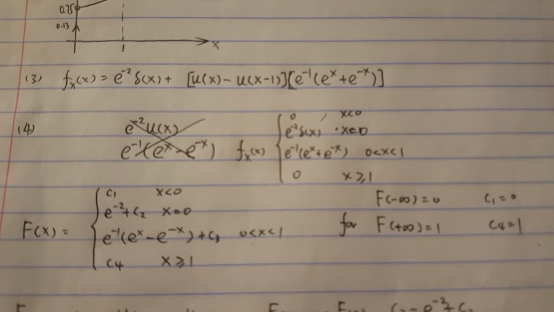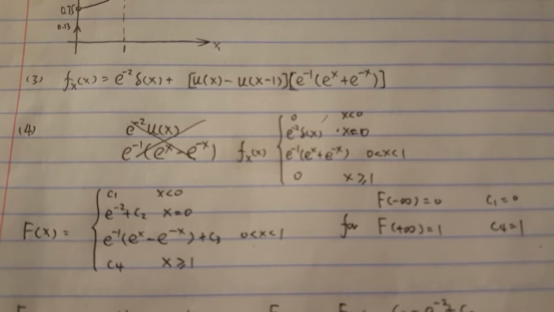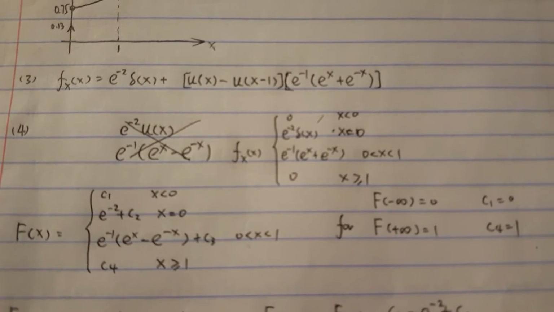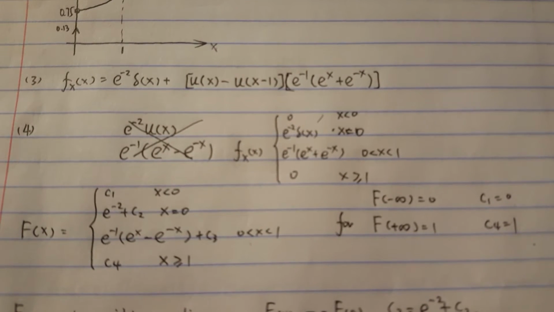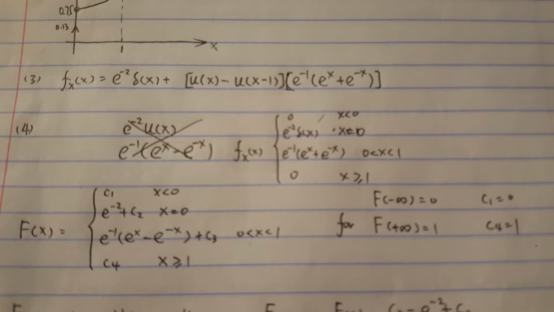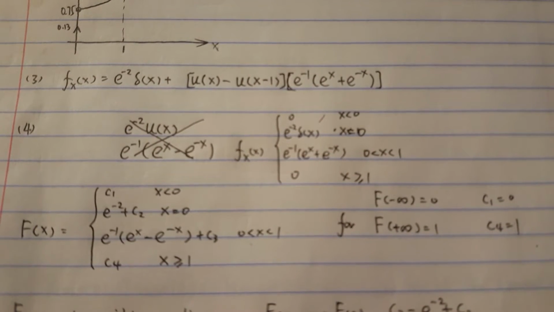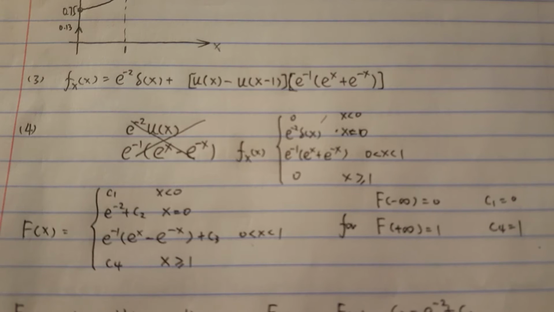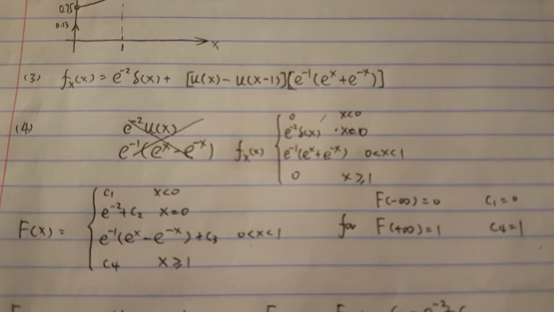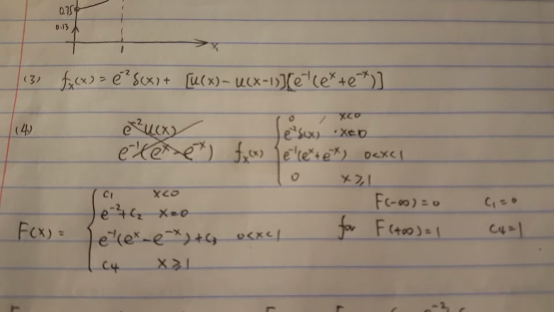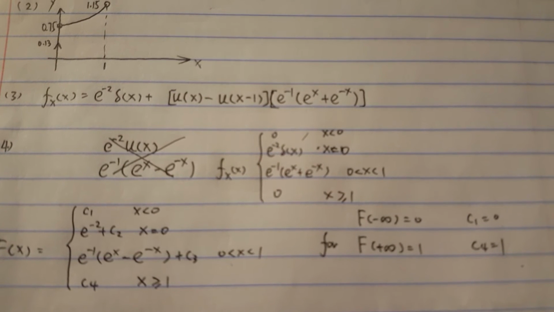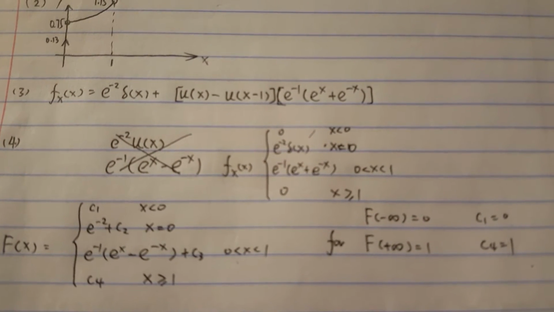So finally capital F of x equals: when x is smaller than 0, C1; when x equals 0, e^2 minus 2 plus C2; when x is between 0 and 1, e minus 1 times e^x minus e^2 minus x plus C3; and when x is bigger than 1, C4.